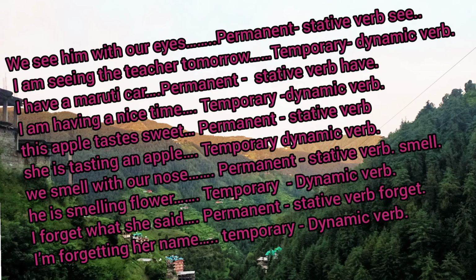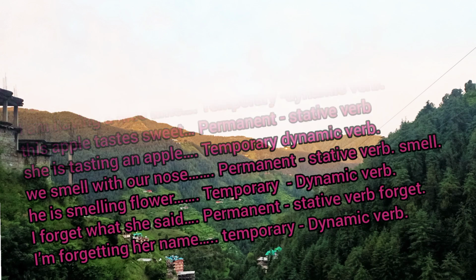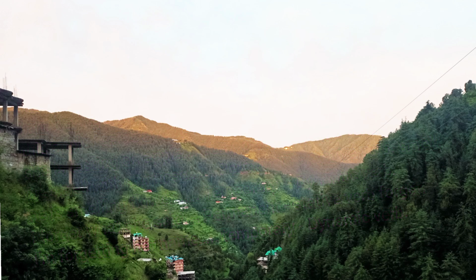And then he is smelling a flower, smelling here, temporary dynamic verb. I forget what she said. Here forget is what? Verb, permanent stative. And I am forgetting her name, this is just a temporary dynamic verb. Dear student, that's it. That was about the present continuous tense, and these were the different usages of present continuous tense.